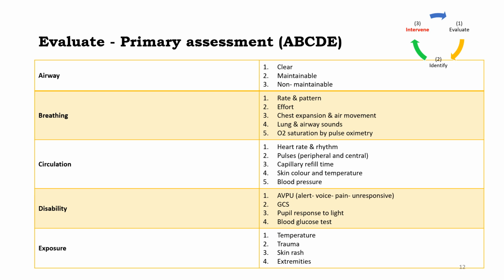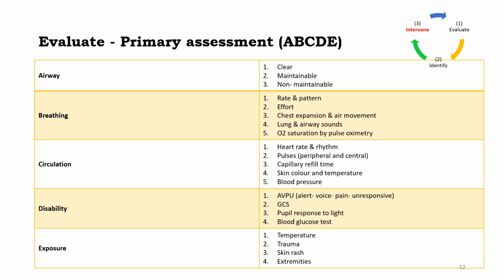B for breathing, you'll be looking at the rate, the effort, the air movement, the lung sounds, and the oxygen saturation. And again, let's say you have found that the child is having low oxygen saturation, you'll attach them to the oxygen supply and then continue with the rest of your assessment.